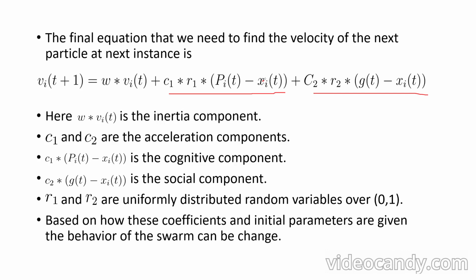And the social component is the global influence on the particle for reaching the minimum position. C1 and C2 will be constants, but R1 and R2 are random values. As I said here, uniformly distributed random variables.